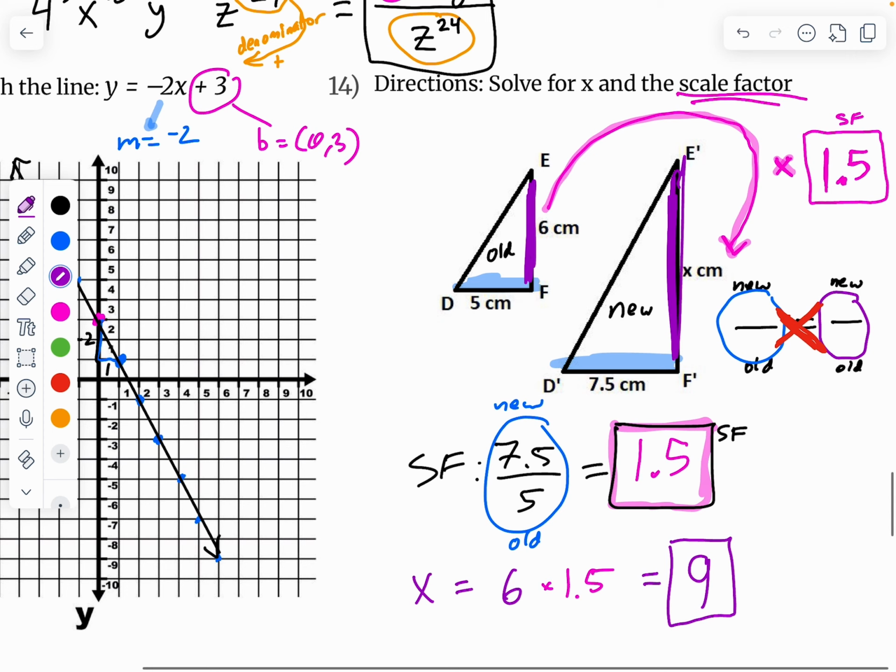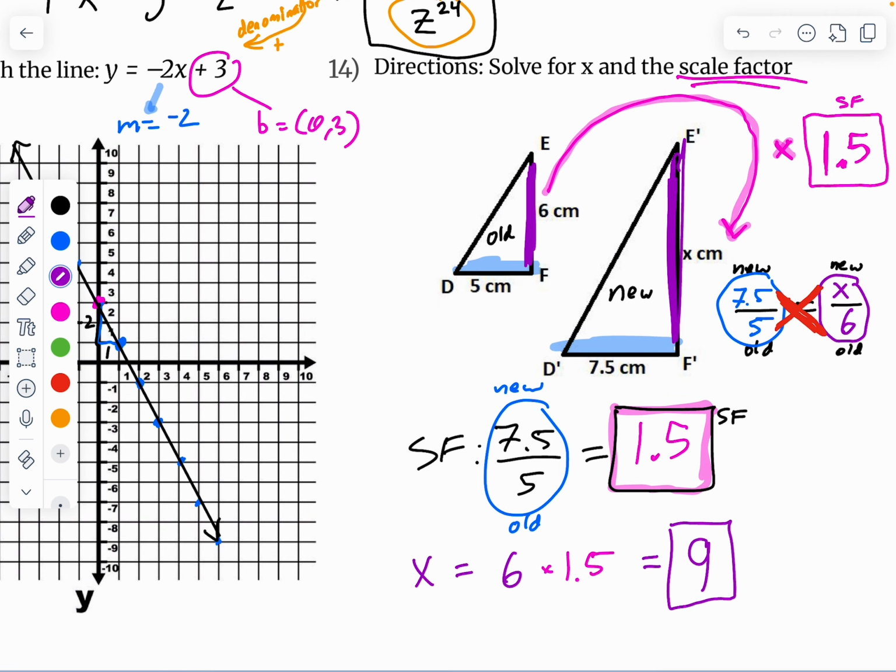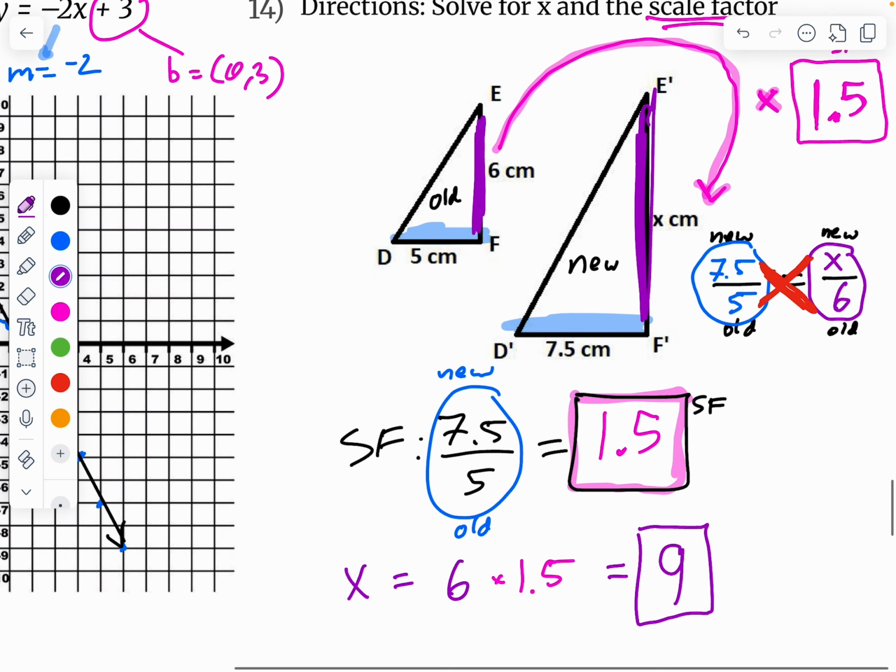Now, you're probably saying, Mr. Maynard, I always cross multiply. Yes, you could cross multiply. Just do new side over old side is equal to new side over old side. As long as you do that correctly, you should get the same answer. I'll go ahead and zoom in here. Just to check our work, cross multiply: we're going to get 5 times x, which is 5x, and 7.5 times 6, which happens to be 45.